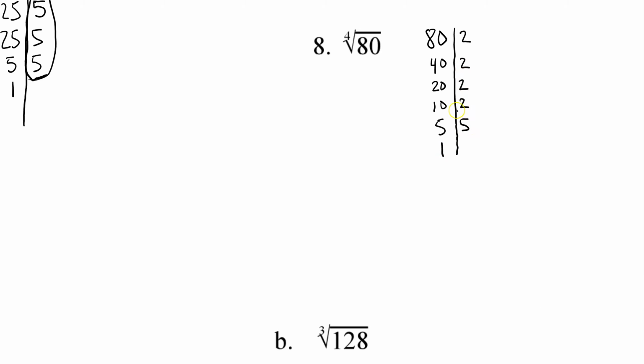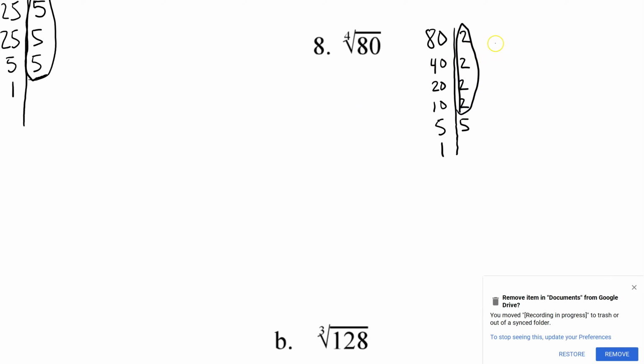So I've got 2 as a factor 4 times. That's what I'm looking for. So we can write this as the fourth root of 2 to the 4th power times 5. And then once again, the fourth root undoes the 4th power, so we're left with 2 times the 4th root of 5. And that would be this simplified.